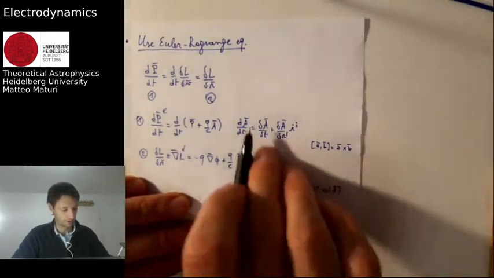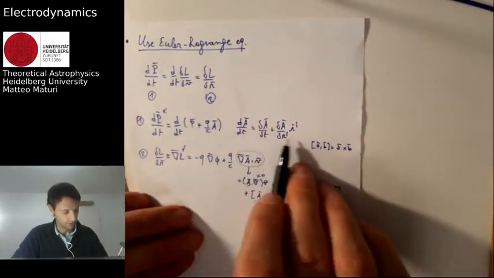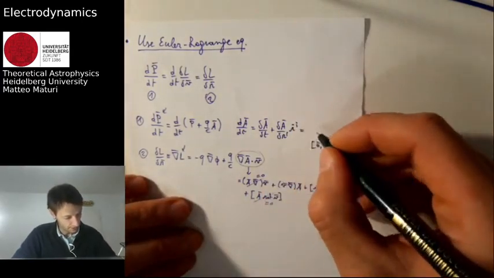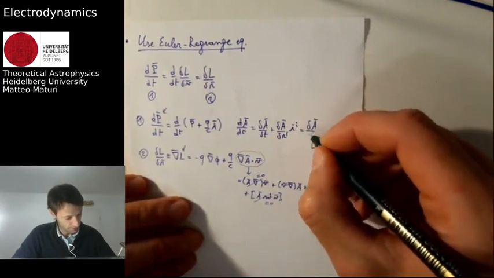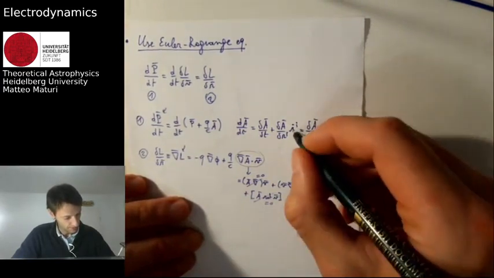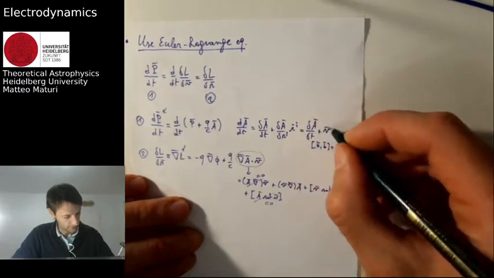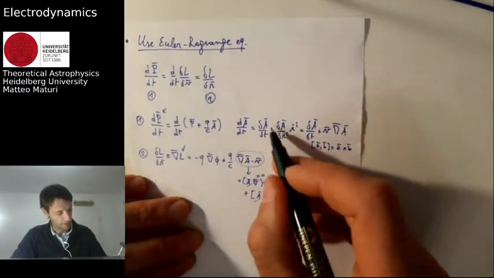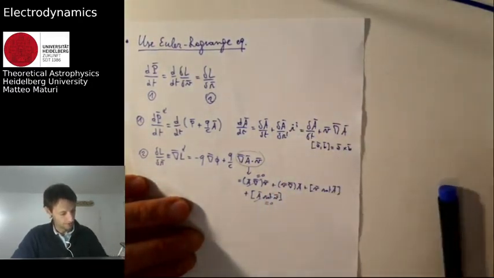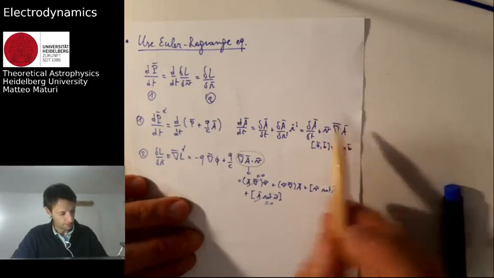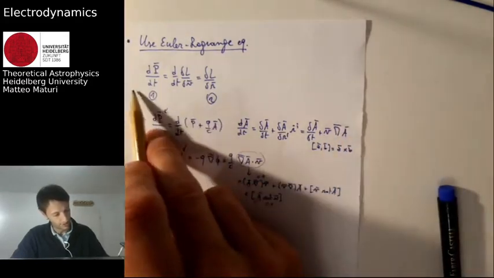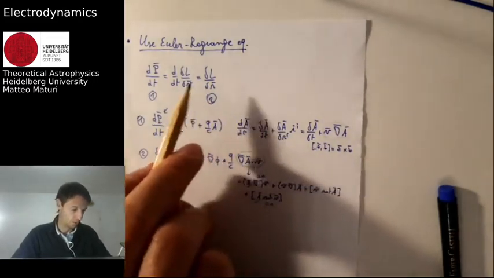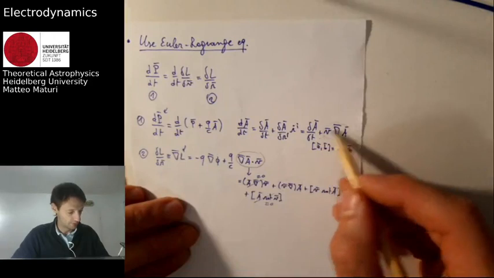Okay, just the definition of the total derivative in terms of partial derivatives. And this guy here I just rewrite so that you see it clearly: partial over dt plus v dot gradient is v vector gradient of A. So we have v gradient of A on the equation on this side, and we have v gradient of A on the equation on the other side, and therefore they cancel.